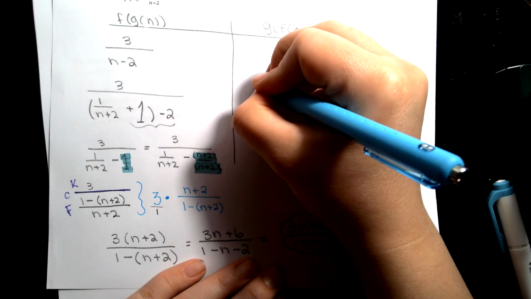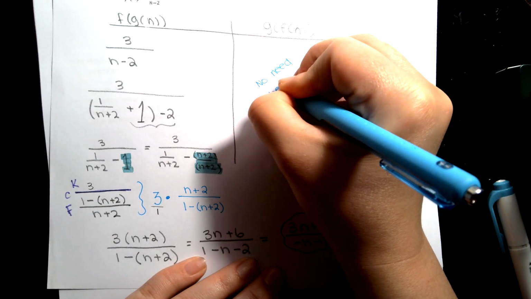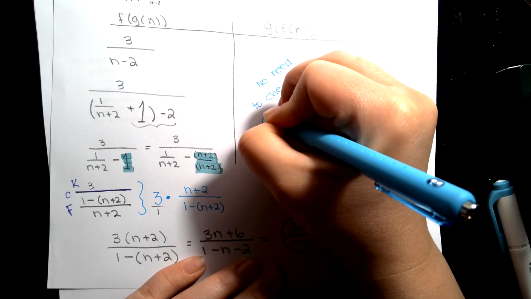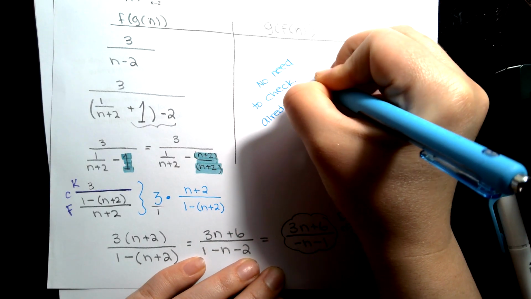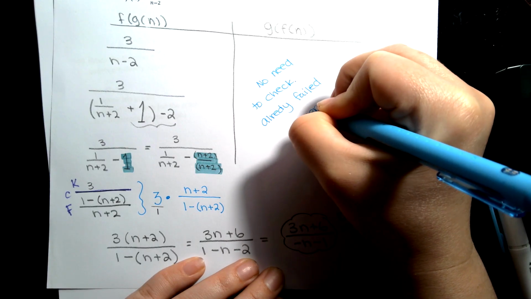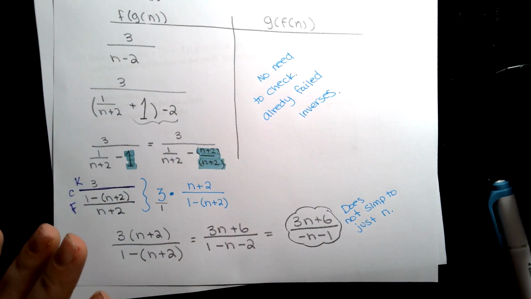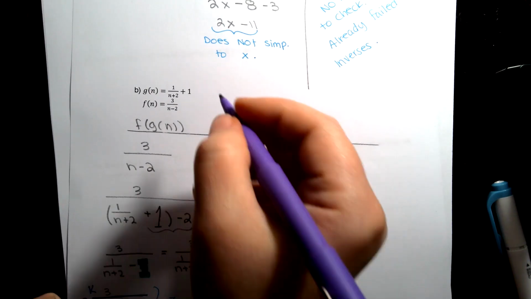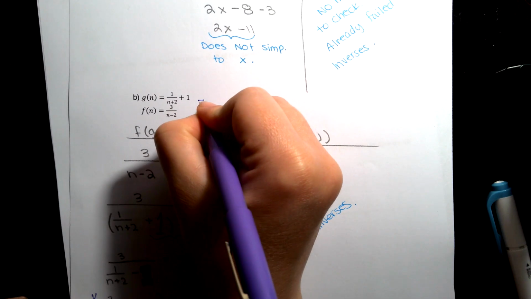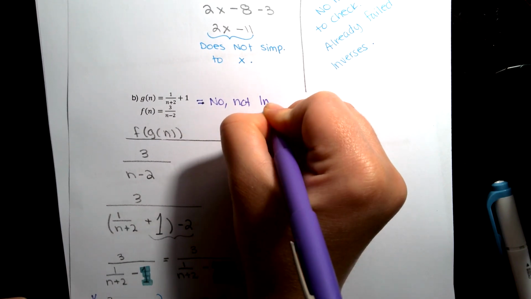So what this means is no need to check, already failed, inverses. Now, again, all of this is your work. You can't just give me an answer without showing me your work, but you can't show me your work and not give me an answer. So for your answer, you're going to write no, not inverses.